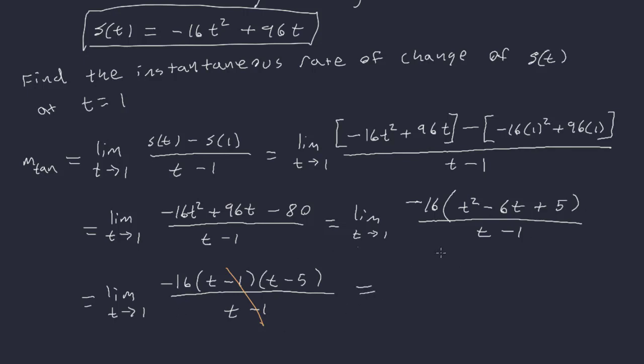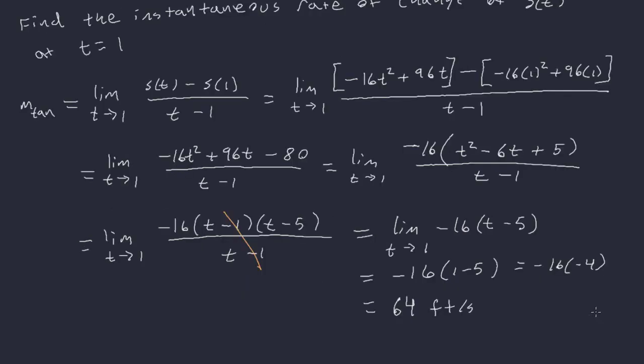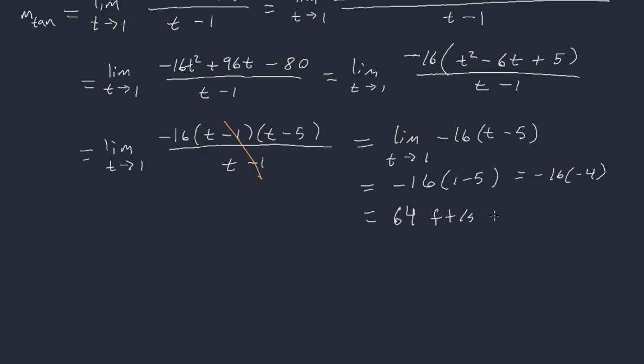So we're going to get the limit as t goes to 1 of negative 16 times t minus 5, and now we can just plug the 1 in: negative 16 times 1 minus 5, so that will be negative 16 times negative 4, which comes out to be 64 feet per second. So at exactly 1 second, the cannonball is traveling at 64 feet per second.